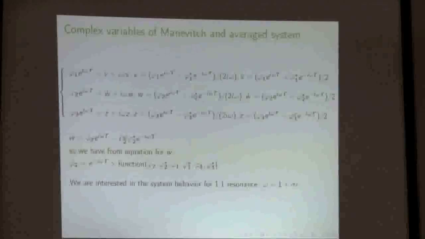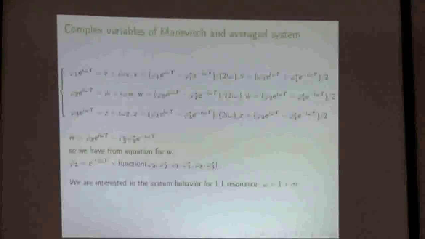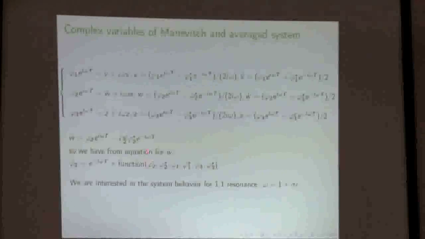Now I am interested, you see, from previous equations, for the differential equation associated to W, I will obtain phi 2 dot equal exponential minus i omega T times a function depending on phi 2 star, phi 1 star, phi 3 star.